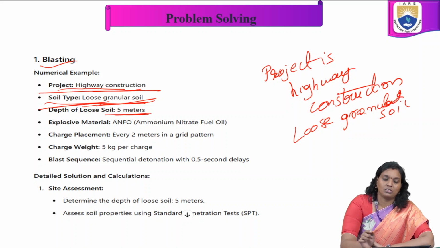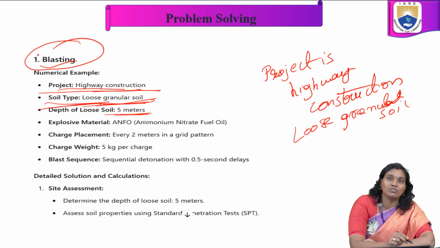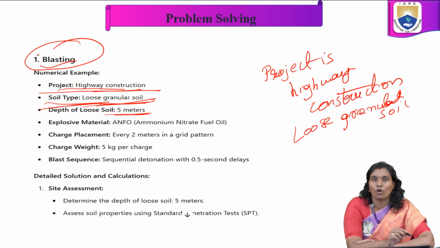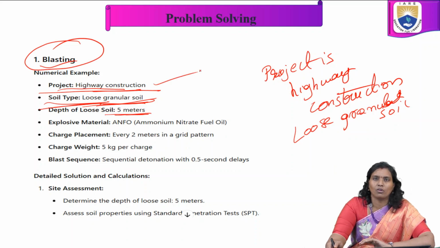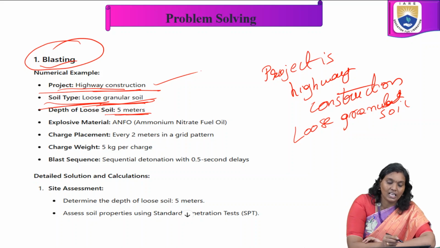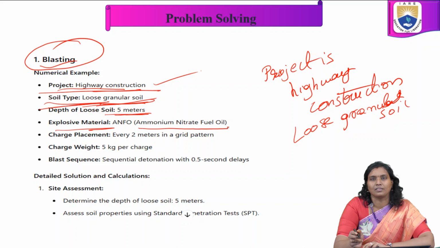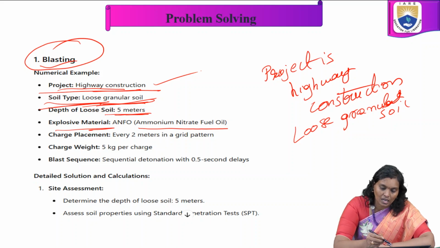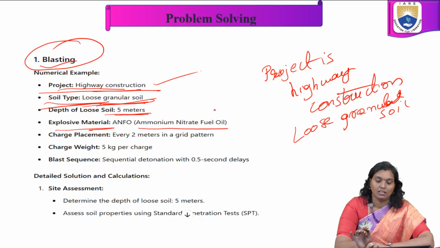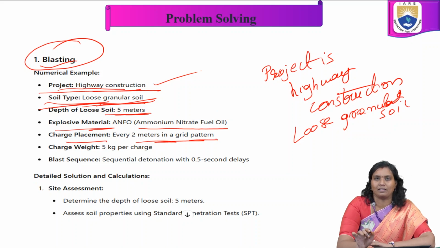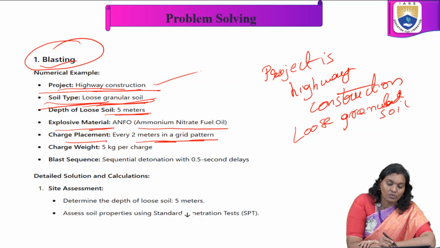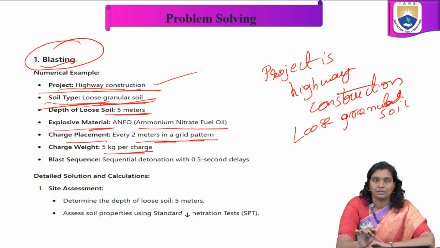Blasting is the technique which we use for getting the desired properties for constructing the highway in that particular locality. We are using the explosive material ammonium nitrate fuel oil, ANFO. The charge placement is every 2 meters in a grid pattern, and the charge weight is 5 kg per charge.